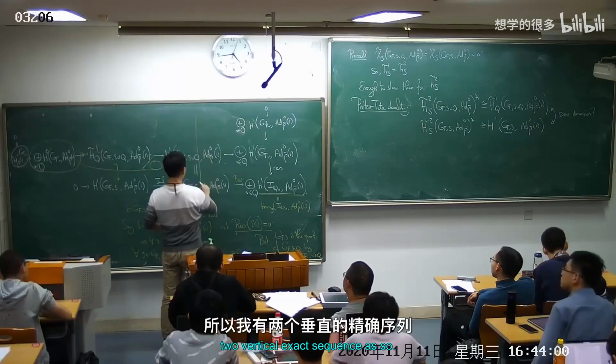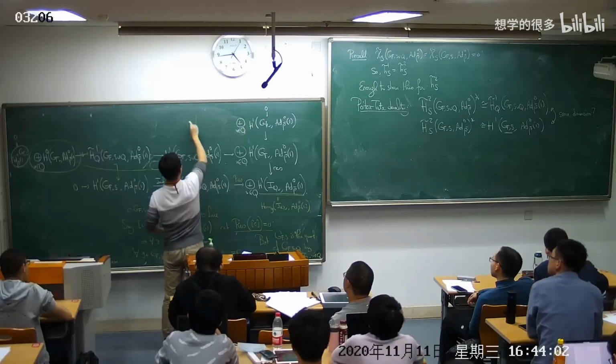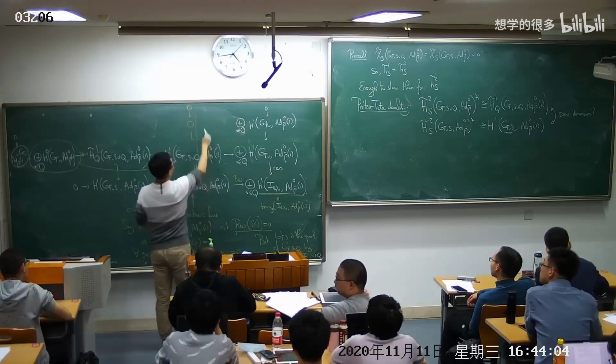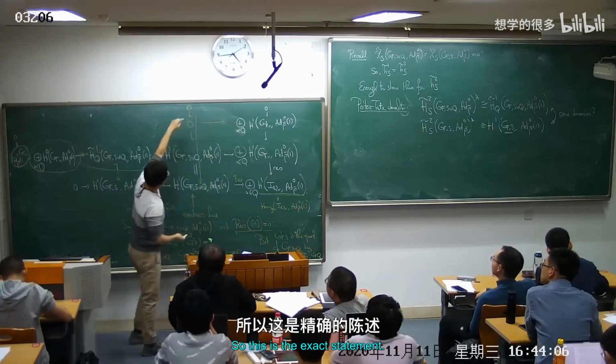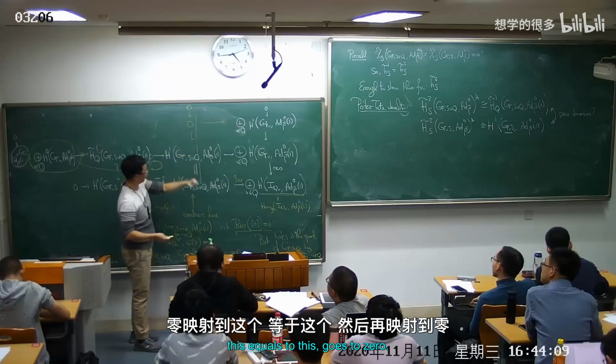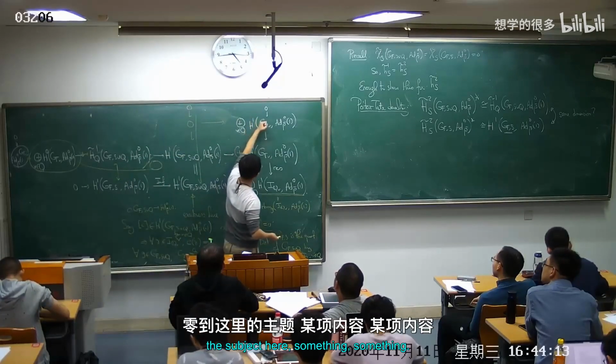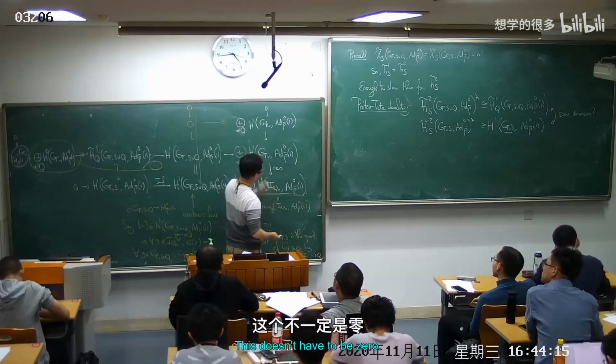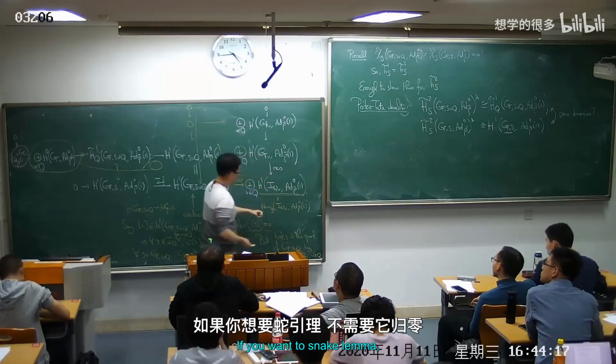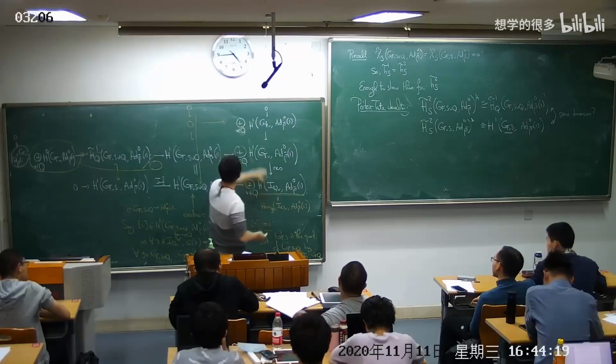So I have two vertical exact sequences. So this is the exact sequence: 0 goes to this, equals to this, goes to 0. 0 goes to something here. This doesn't have to be 0. If you want a snake lemma, you don't need to go to 0.